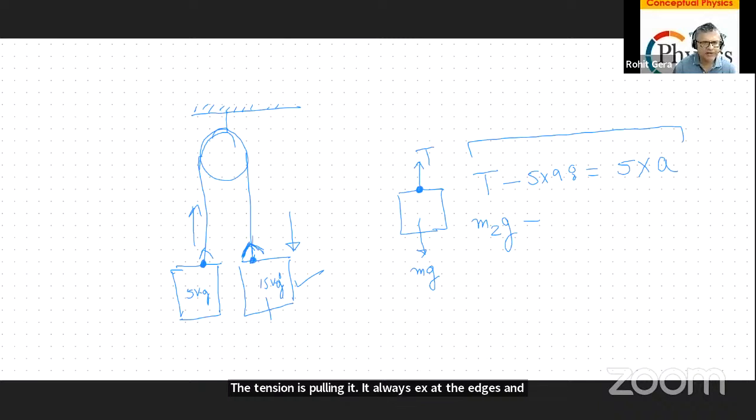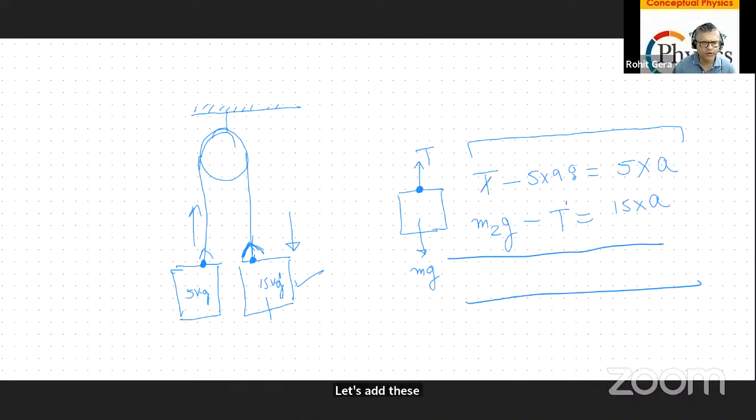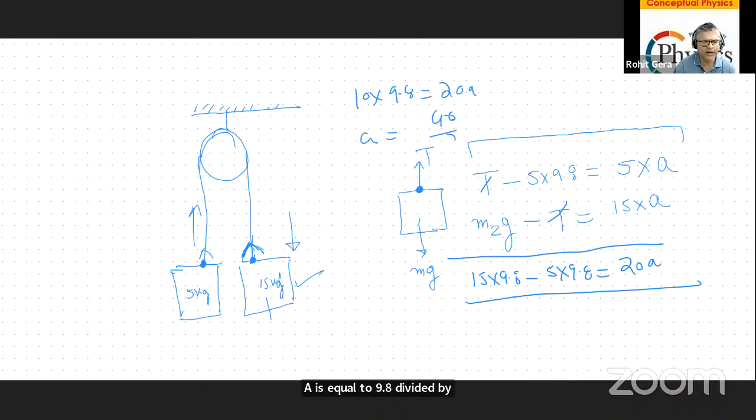Minus tension is equal to 15 into A. Let's add these. 15 into 9.8 minus 5 into 9.8 is equal to 20A. A is equal to 9.8 divided by 2 is equal to 4.9 meter per second square. This is the acceleration of the system.